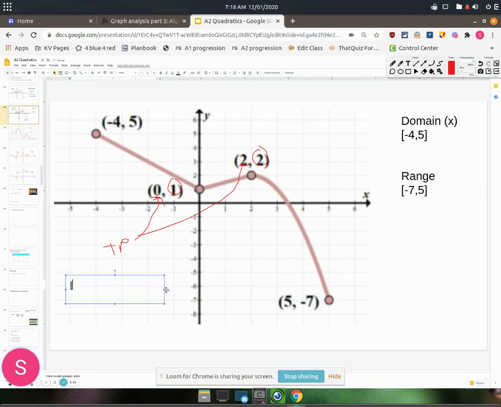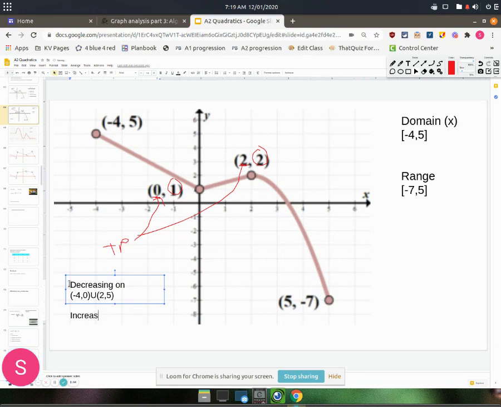So we would say -4 to 0, parentheses, that's right, because it's neither increasing or decreasing at that spot or at 0 here. But it's also decreasing from 2, from that x value, until it gets to 5. So union 2 to 5. All right, and that would be our interval of decrease.